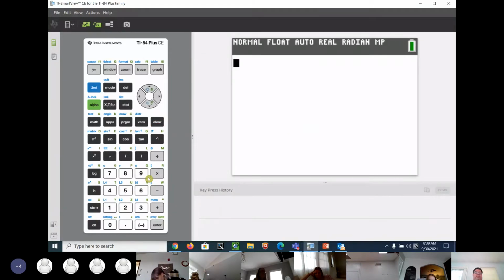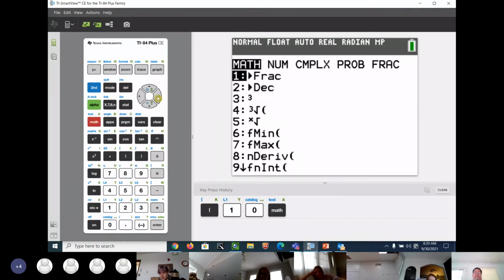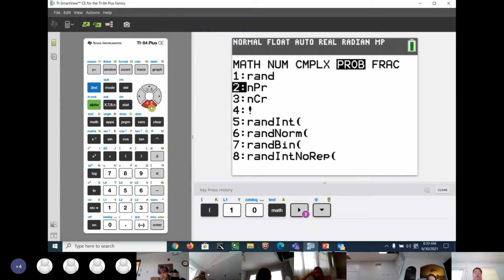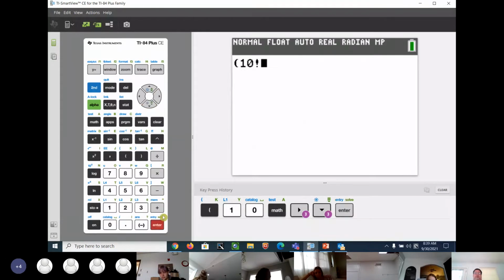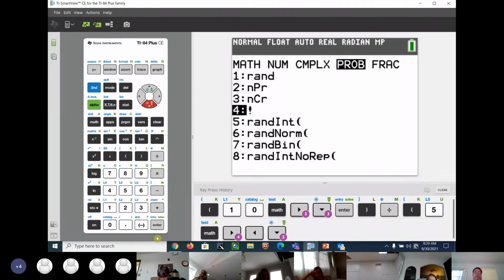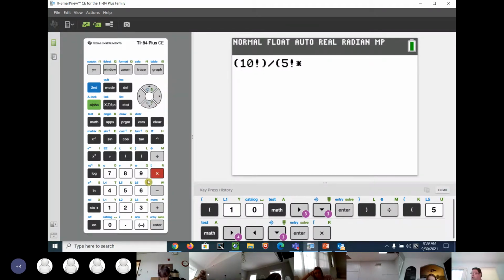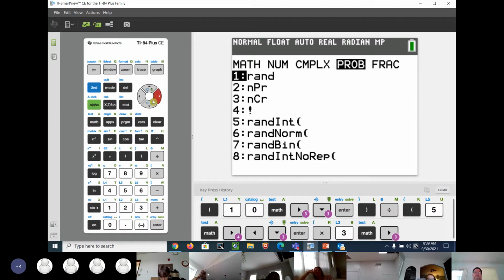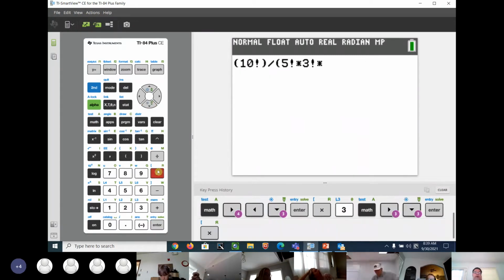So on the top, parentheses, 10, math, probability, factorial, close parentheses, divided by, open parentheses, 5 factorial times 3 factorial times 2 factorial.